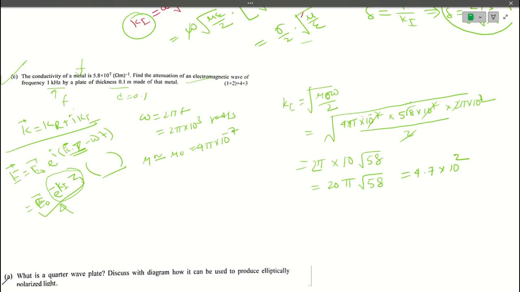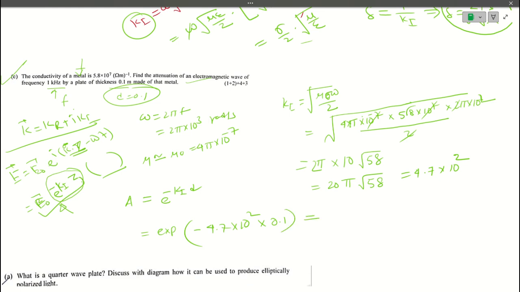So the attenuation is basically e to the power minus ki into d, where d is the thickness of the metal. So it will be exponential of minus ki, which is 4.7 into 10 to the power 2, into d, which is 0.1.